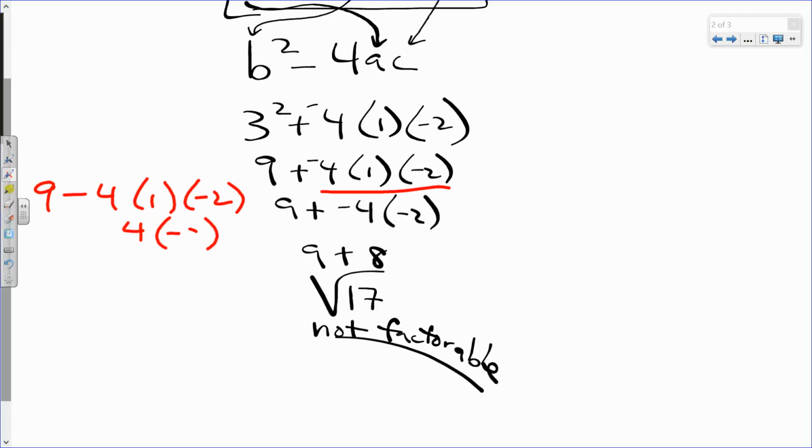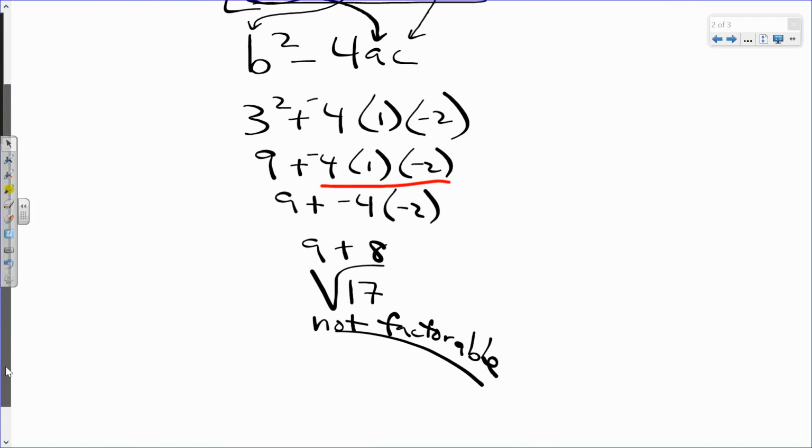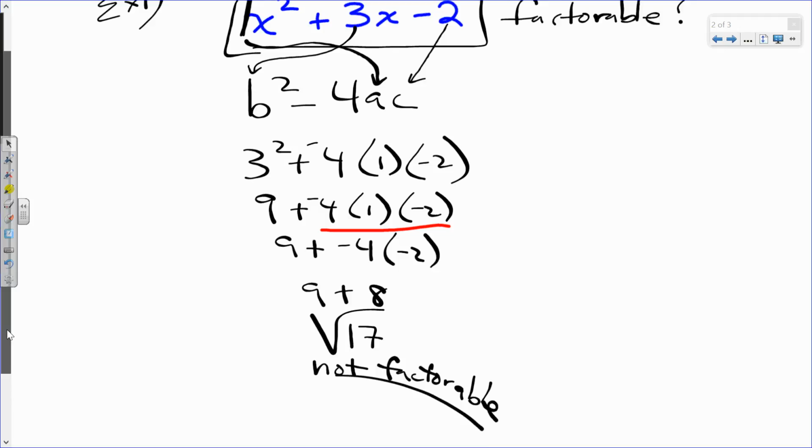In other words, there's proneness to mistakes at this point, knowing that this is a negative 4. So I like to make it a negative 4. But you don't have to. If you're not comfortable doing that, you can keep that as a subtraction. But just be careful when you get to the end of your expression. All right, so it's not factorable.